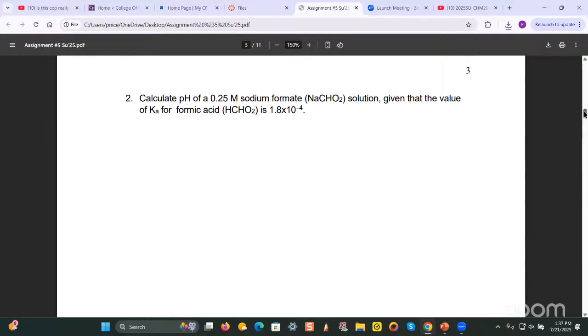Okay, so this question says to calculate the pH of a 0.25 M sodium formate solution, given that the value of Ka for formic acid is 1.8 times 10 to the minus 4. So they gave us the value of Ka for formic acid, which we don't need to look up since they gave it to us.